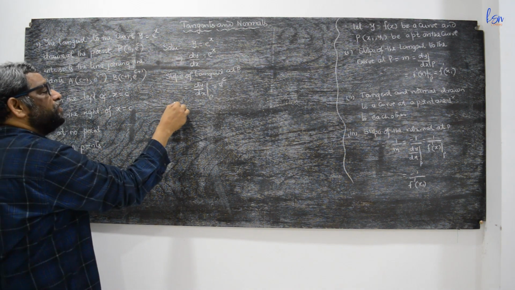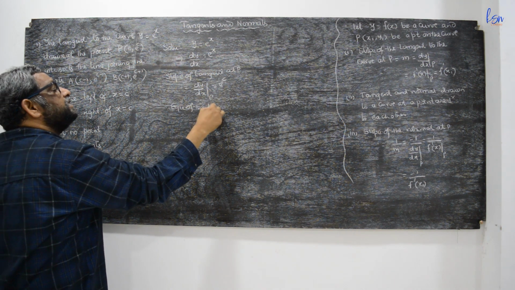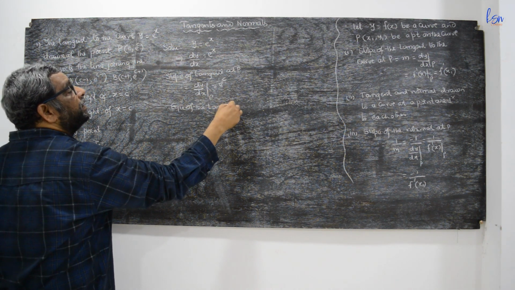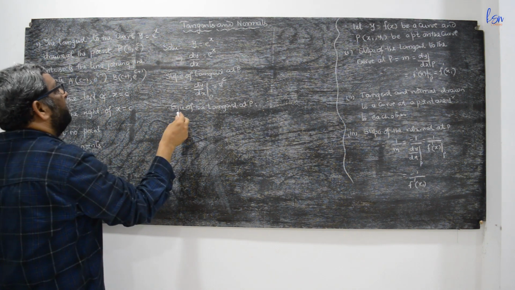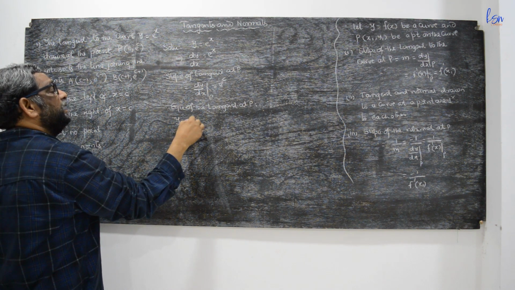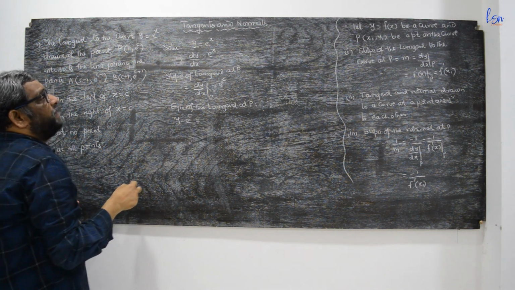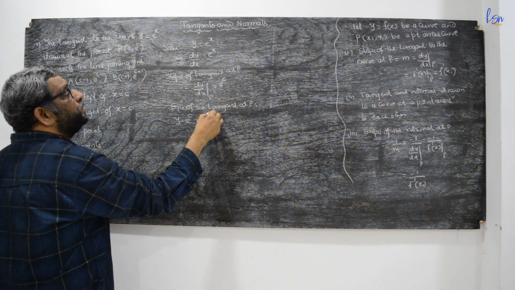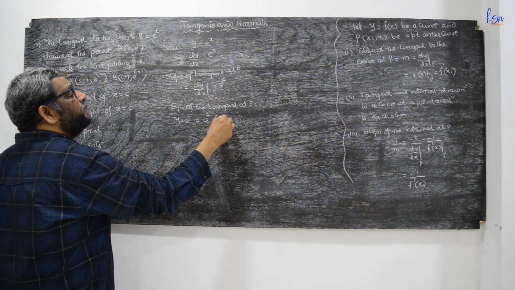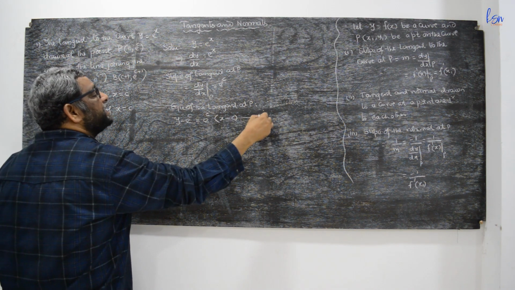Now equation of the tangent at P: y minus e power c is equal to e power c into x minus c. You call this as the first equation.